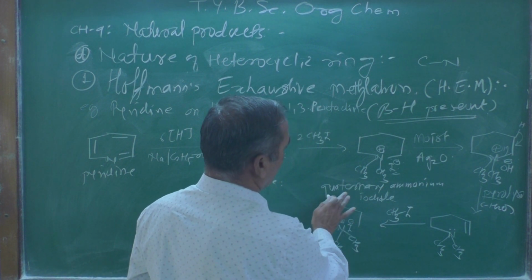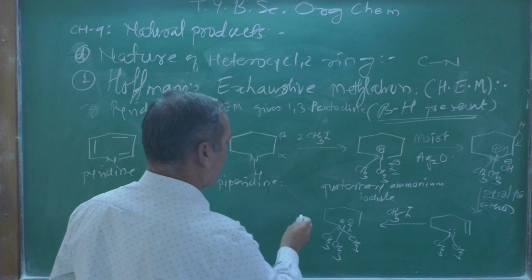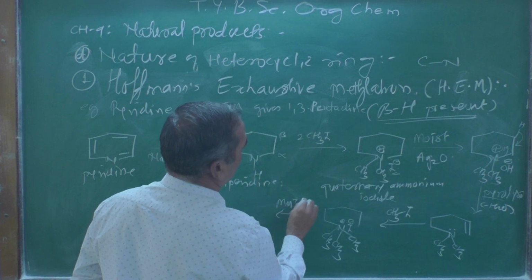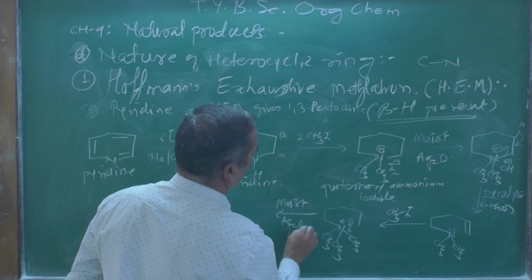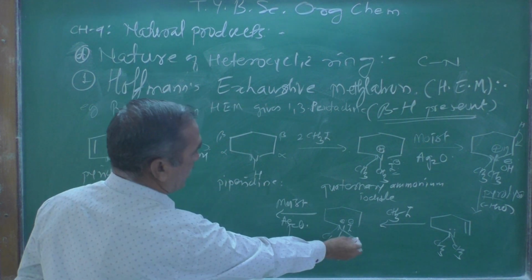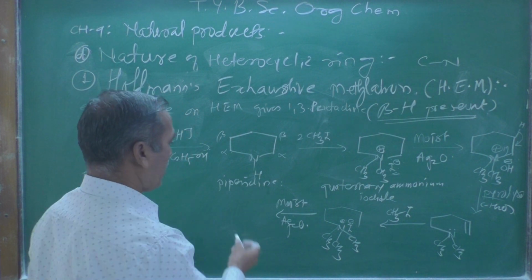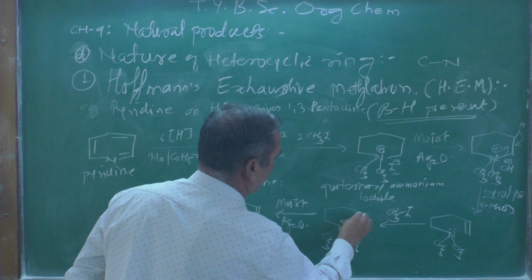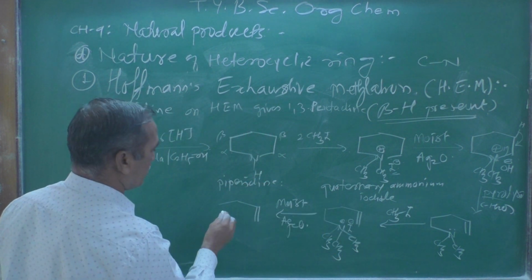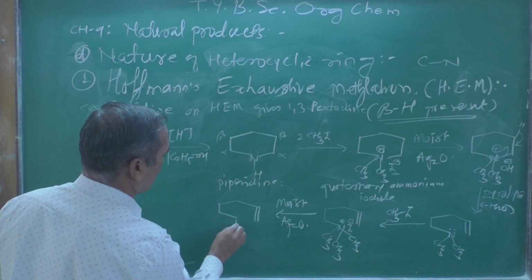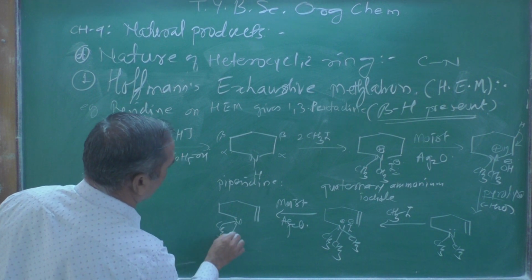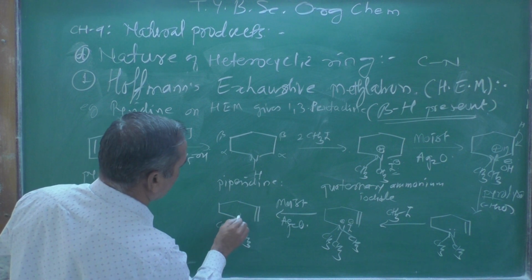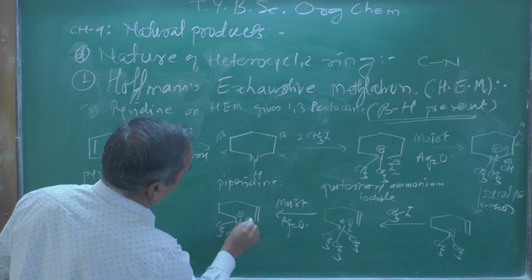This is again a quaternary ammonium iodide, and further it is treated with moist Ag2O. What will it do? The iodide gets replaced by a hydroxyl group. Here I am putting the double bond once again, then a methyl group, another methyl group, another methyl group, a positive charge, and the hydroxy group.